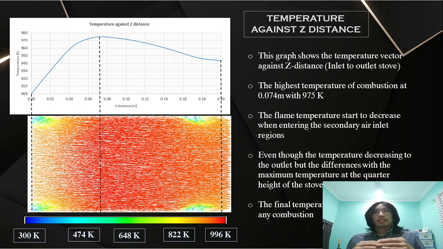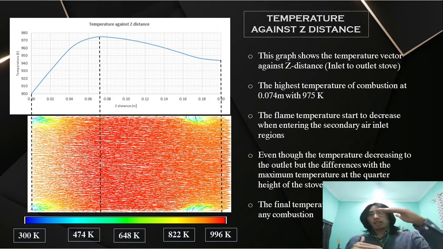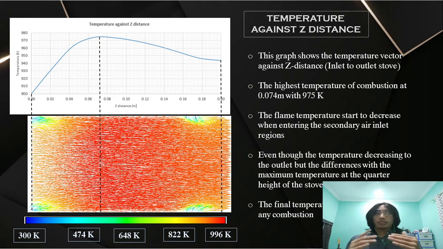The z distance is from the lower part of the stove until the outlet of the stove, which is 20 centimeter. Okay, so as you all can see, the maximum temperature at the stove is acquired at the quarter height of the stove.